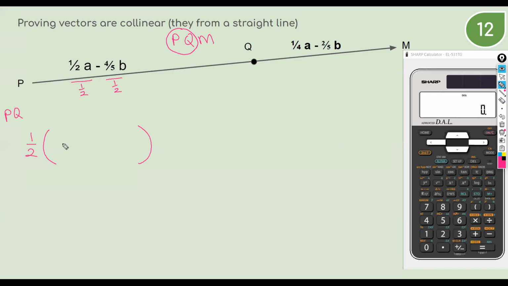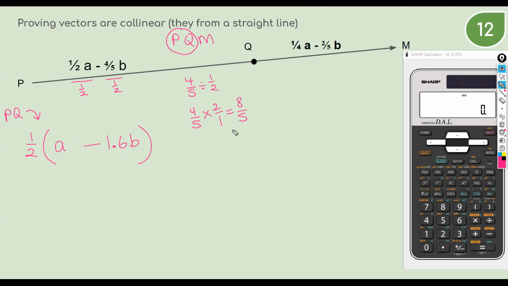Half divided by half is 1. And 4/5 divided by a half: in primary school, the divide changes to a multiply, and you flip this. 2 on 1. 4 by 2 is 8 on 5. So you'll get 8 on 5 or 1.6b. So this is for PQ.